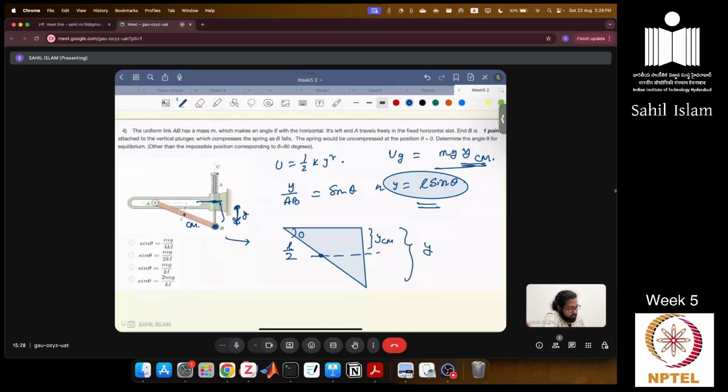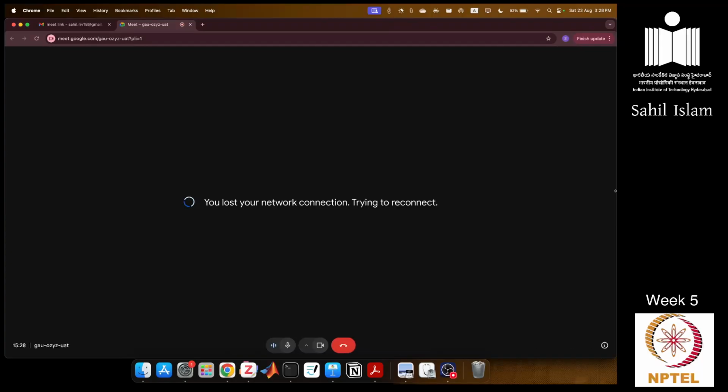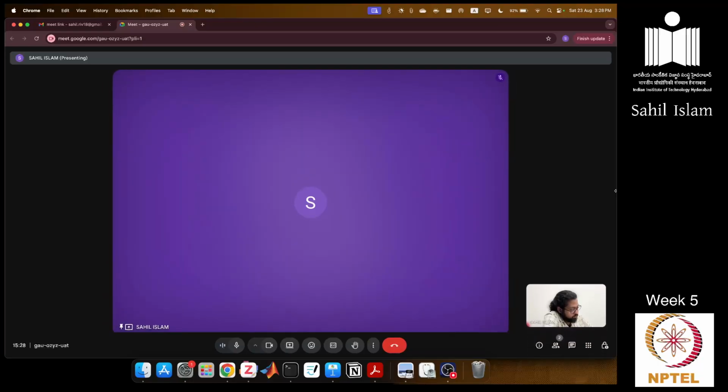Basically this is A, this is B, and let's say this is O. So from here we can write y center of mass is L by 2 sin theta, half of it. If this is L sin theta, then y center of mass is half of it.